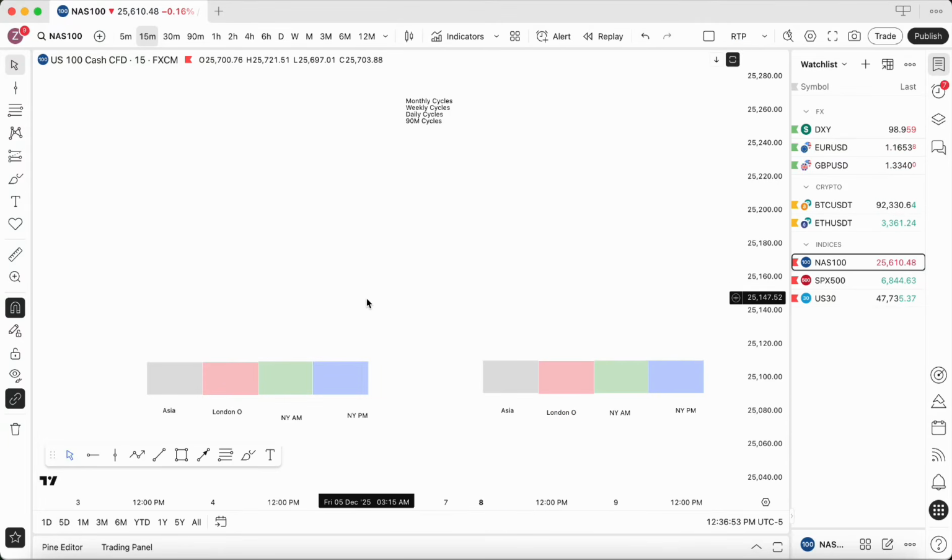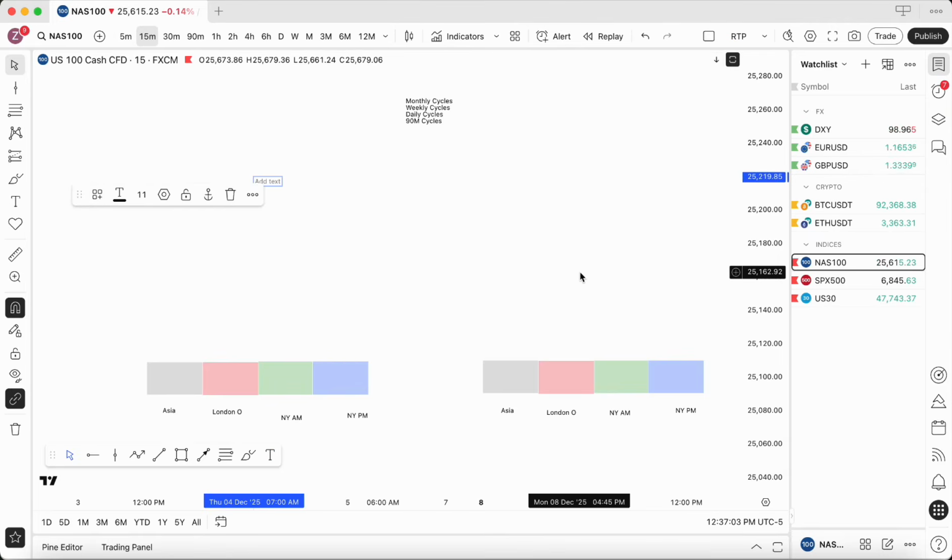So they're divided by 6-hour candles, and on every asset that you have to check, the cycles go like this: 6 p.m. to 12 a.m., 12 a.m. to 6 a.m., 6 a.m. to 12 p.m., and 12 p.m. to what? To 6 p.m.